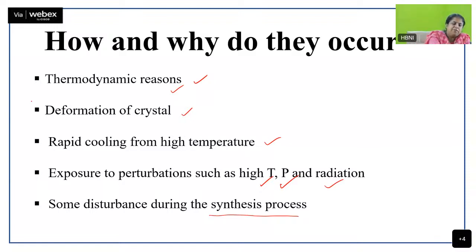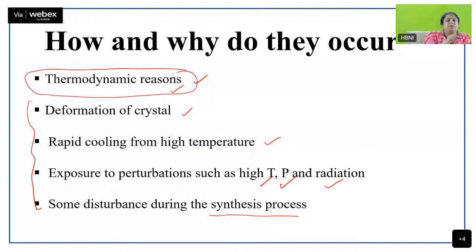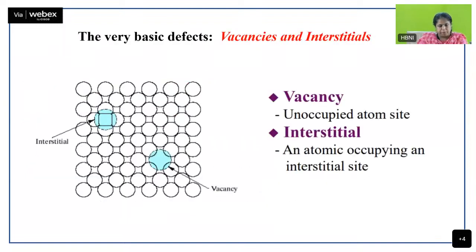So basically, all of these are extrinsic conditions, while the thermodynamic one is the intrinsic condition that cannot be prevented. When we talk of defects, we'll talk of many defects, but what are the very basic ones? They are vacancies, where the atom has been removed, as shown here, or interstitials, where some atom which was not required has come and occupied the interstices between these spheres.